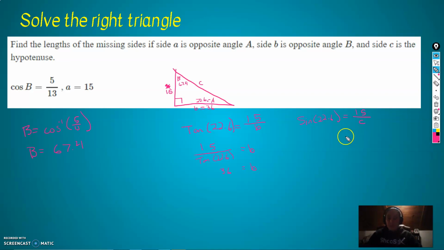So if I do some algebra, I will end up with c equal to 15 over sine of 22.6. So side c is 15 divided by sine of 22.6, which is 39. So c is equal to 39. And we're done. We solved the whole triangle.